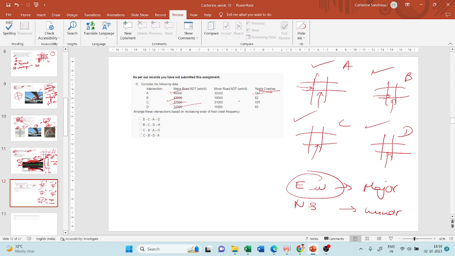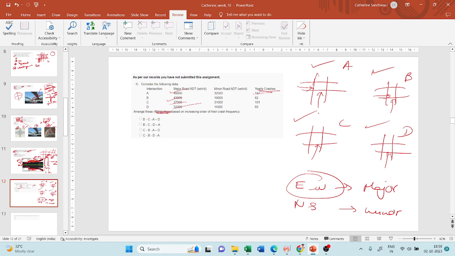Now they are asking you to arrange these intersections in increasing order of their crash frequency. From the term itself, you can understand that crash frequency is the number of crashes that occur in a year.